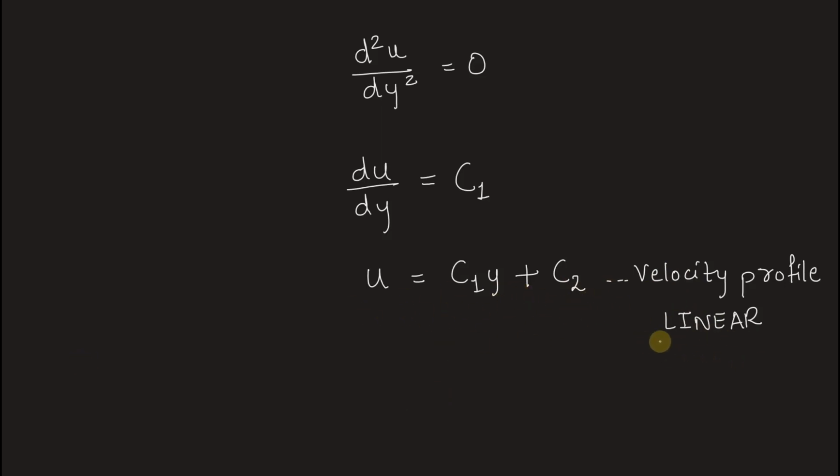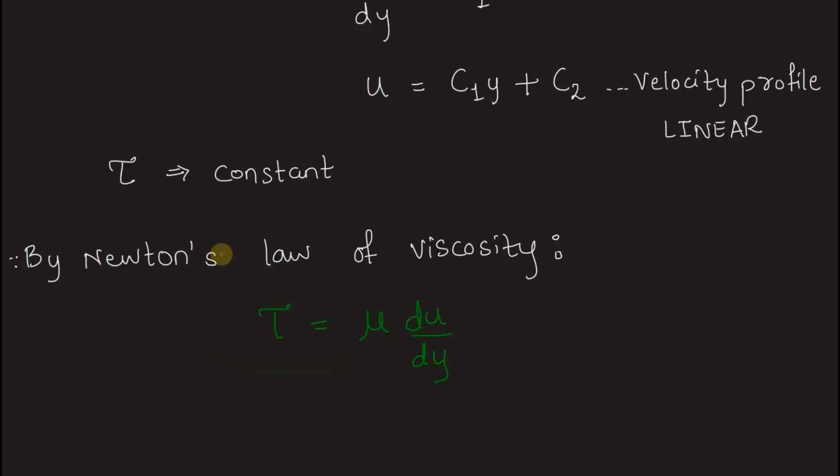When velocity profile is linear, we have the shear stress tau will be constant throughout the depth. Because by Newton's law of viscosity, we have shear stress tau is equal to mu into velocity gradient du by dy. So clearly mu being a constant, if u is linear, tau is the slope and hence it is constant.